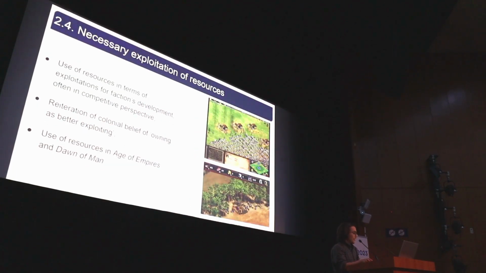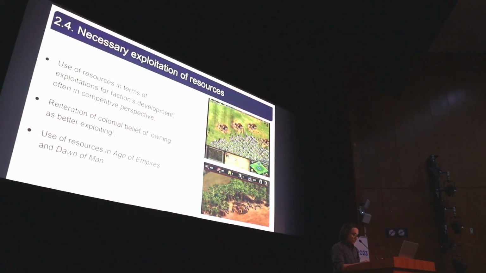The second point is the exploitation of resources. Often, strategy digital games provide only functional models of interaction with the landscape, with other human groups, or the past itself, translating everything into game resources which can be looted, accumulated, and exploited. So resources end up being required for the development of the faction in a competitive perspective.